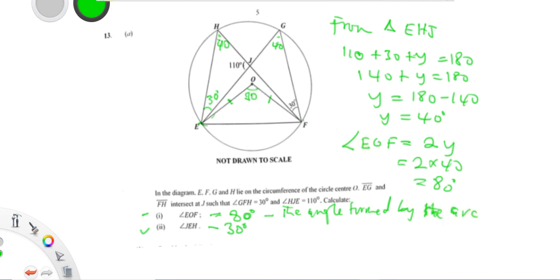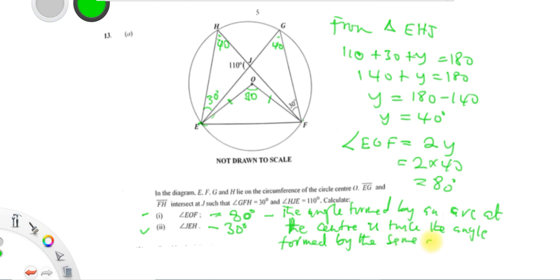Let me make it general. The angle formed by an arc at the center is twice the angle formed, or subtended, by the same arc on the circumference.